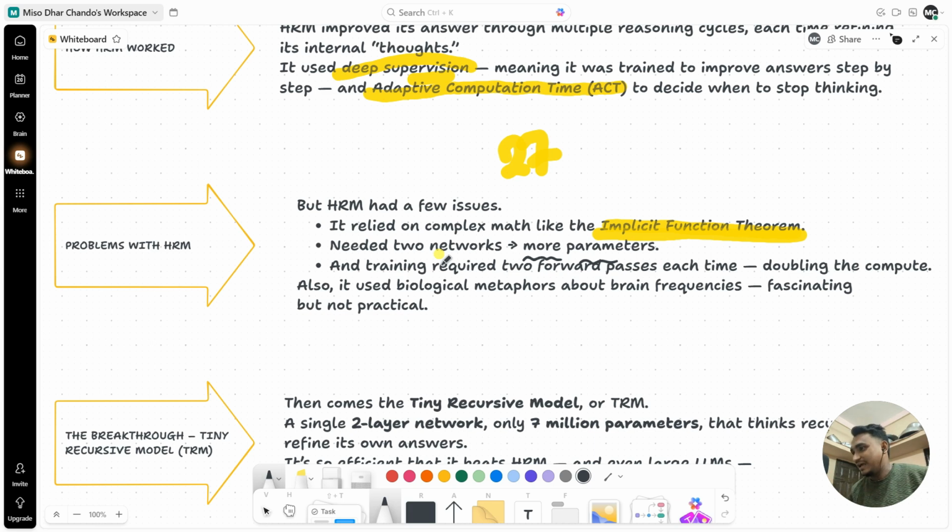See how big it is, it doubles the computation. The computational power required is quite high. Also, it uses a biological metaphor about brain frequency. It's fascinating, but not practical yet. That's the main problem with the HRM.